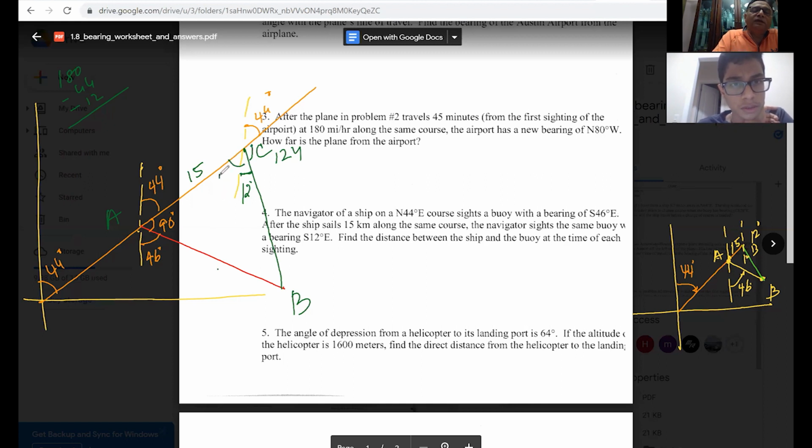Actually, you can add 44 directly here, because this line is vertical, equal, alternate. That gives you the total angle of 56.